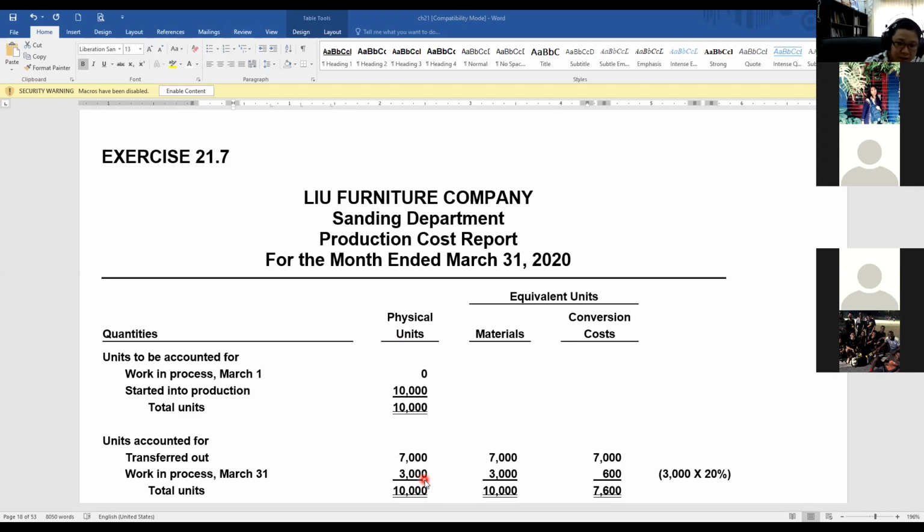The question didn't give us the started into production, but we know that total units should be equal, right? So 10,000 should be here. 10,000 minus 0, the started into production will be 10,000.